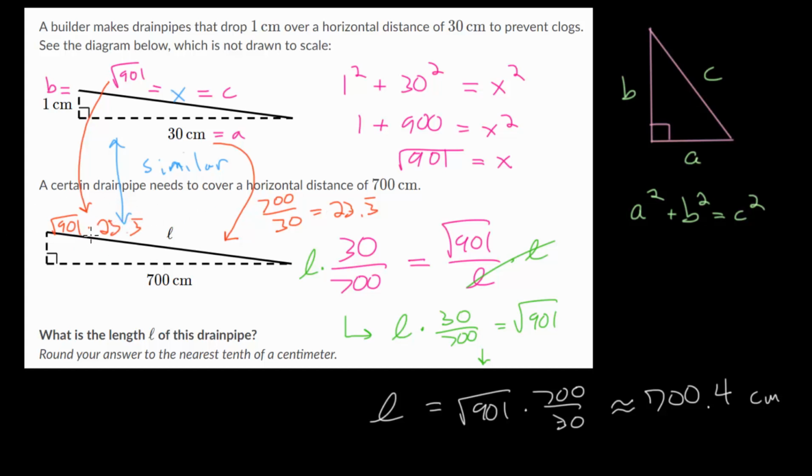And if you put that into the calculator, you'll get the exact same answer, since 23.3 repeating is that 700 over 30, which is what we multiplied root 901 by. So there are a couple ways to think about this, but ultimately these two triangles are similar, which means they are proportional to each other.